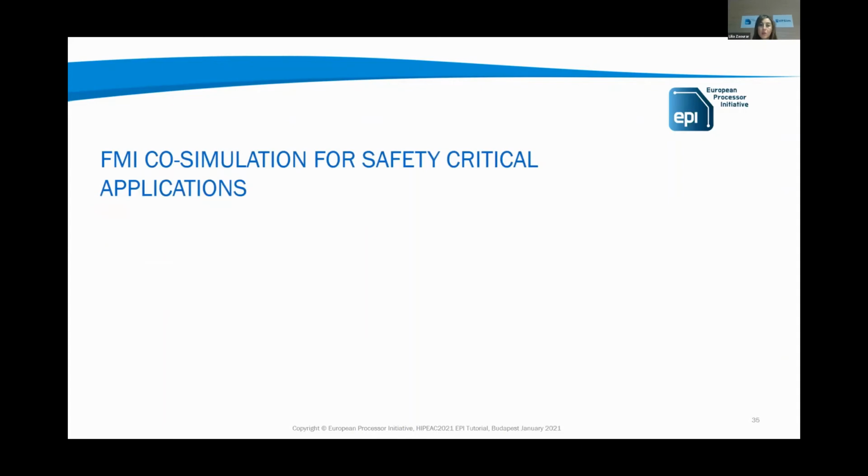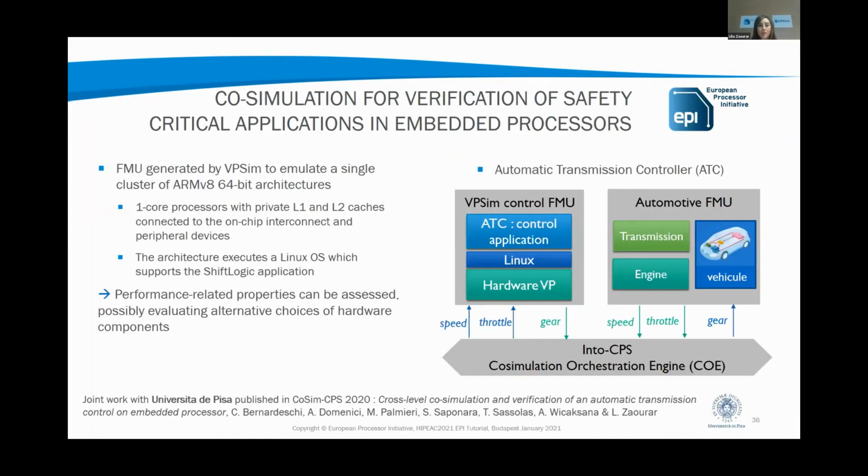Now I will give you a quick overview of FMI co-simulation for safety critical application. Thanks to easily interfacing SESAM with the external simulator, we can proceed to co-simulation for a critical application. We have here an example for automatic transmission controller with a transmission control.